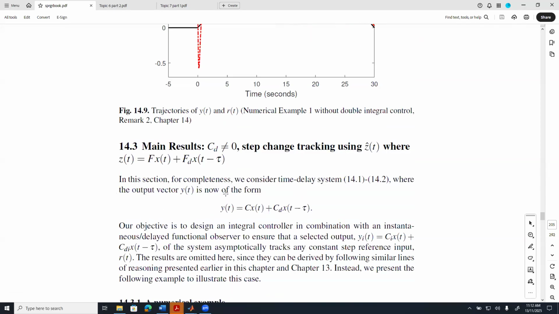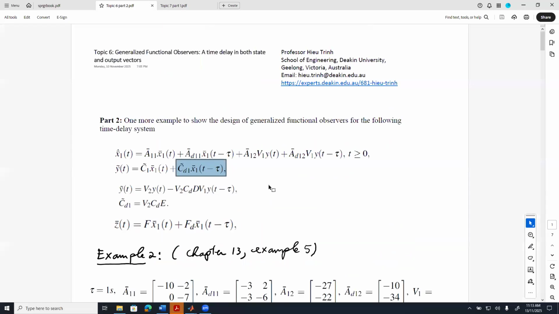We said, look, we can even deal with the problem where the output measurements contain a delay term. And that's all consistent with our development in the previous talks, where we say, look, we can design generalized functional observers to estimate generalized functionals for output measurements of that form.